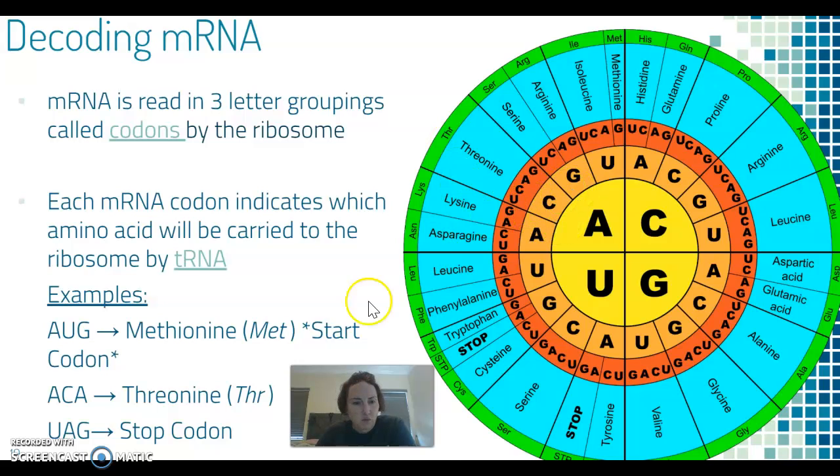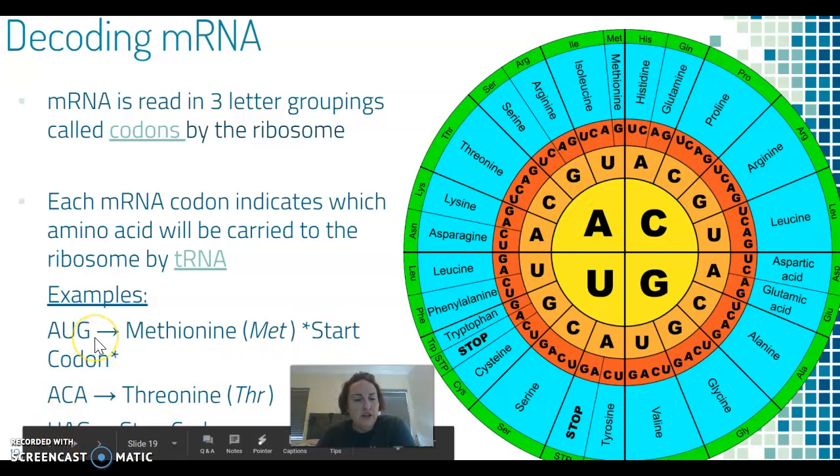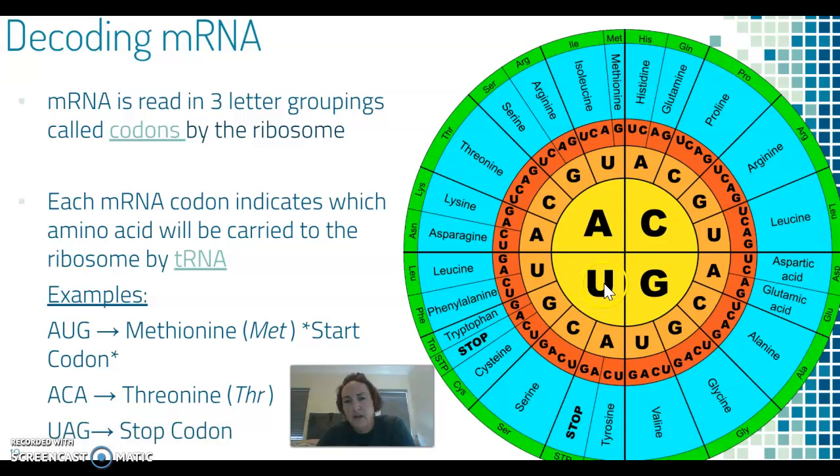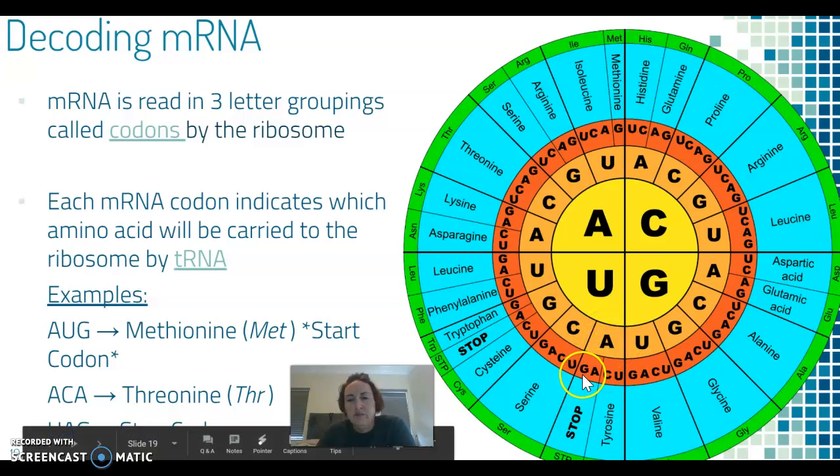Okay, let's try one more. We have UAG. So U is our first letter, so we look at our U on the yellow part here. Our next letter is A, so here's A on the light orange. And then G is right here in our dark orange, and you can see that the word stop is here, abbreviated STP.